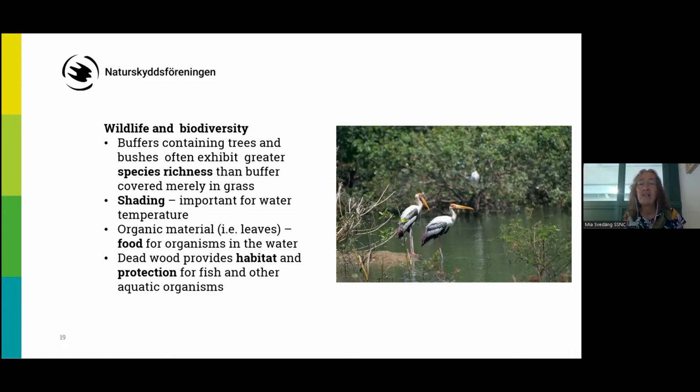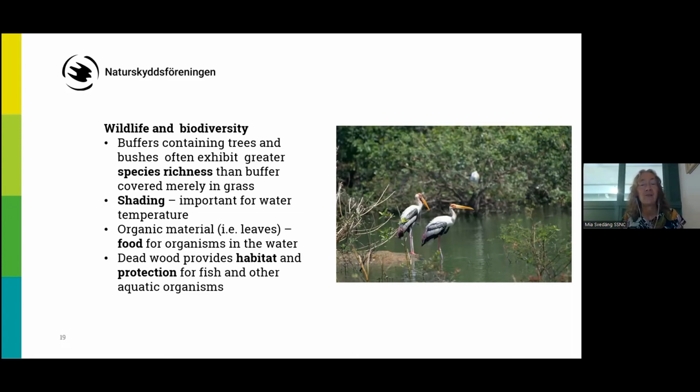And the trees also provide shading, which is really important for the water temperature. It makes the water a bit cooler. And trees also provide organic matter, for instance leaves, to the water, and the leaves and other organic things serve as food for organisms in the water.